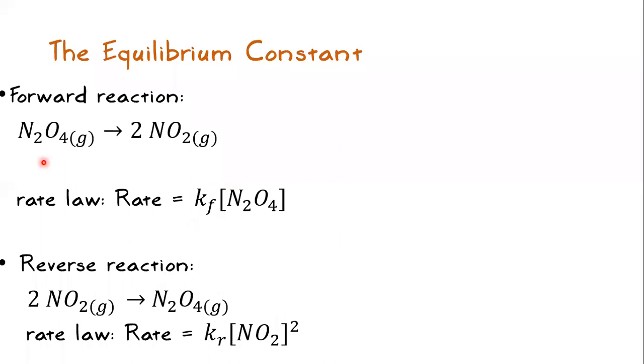We are assuming that this reaction is an RDS reaction. In all our calculations, take note, our reactions will be considered as RDS. The number of moles here is 1, so we didn't raise it to any exponent. Now the reverse reaction will be NO2 going back to N2O4. Here our reactant now is NO2, and it has 2 moles, so its exponent will be 2. So the rate law will be Kr, that is K reverse, times the concentration of NO2 raised to the power 2. Good.